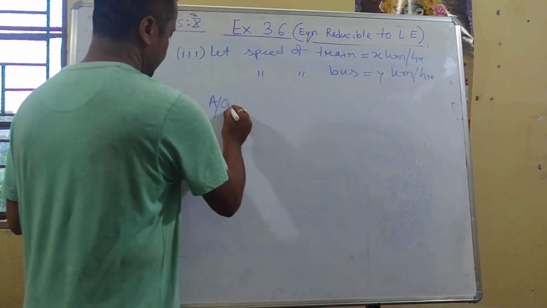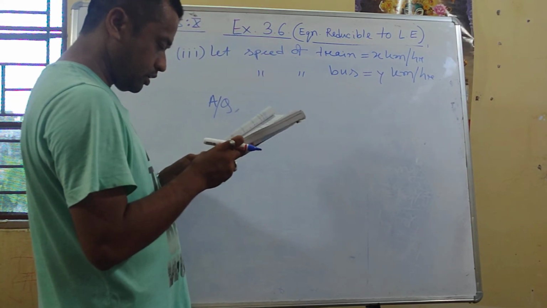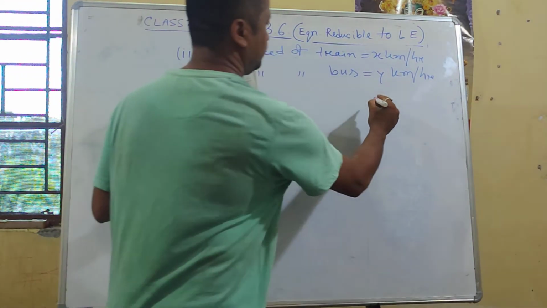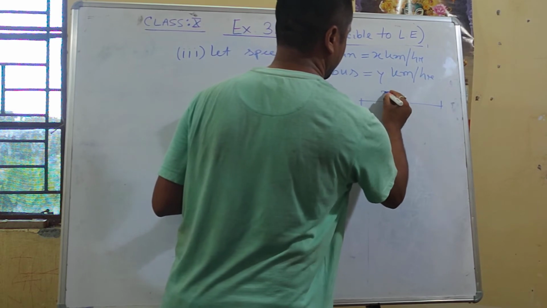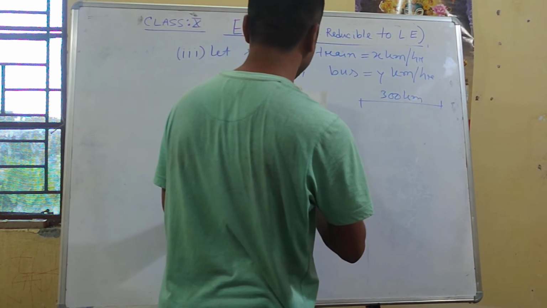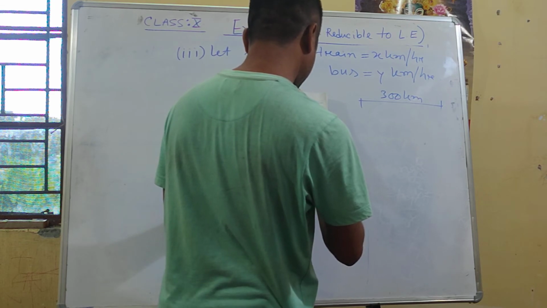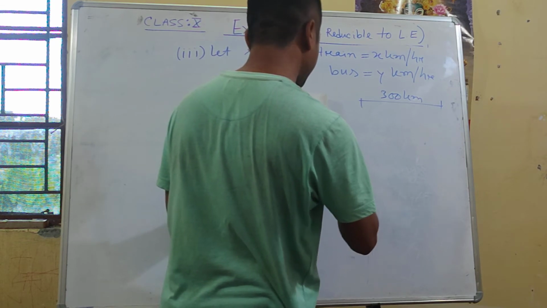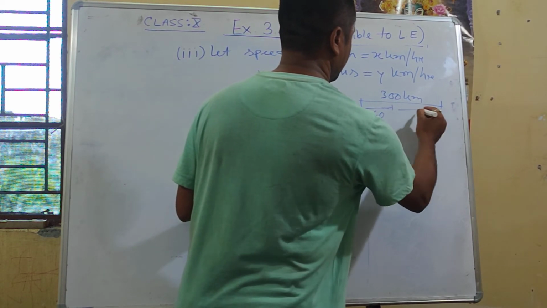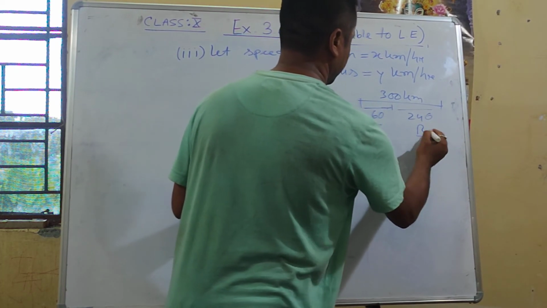Now according to the question, there is 300 kilometer in total, partly by train and partly by bus. For 60 kilometer by train, the remaining 240 is by bus.